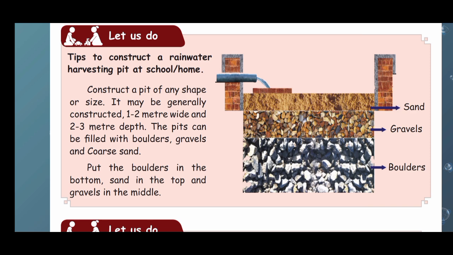So if we prepare rainwater harvesting, the water will be left to the ground, so the water level will be increased. So water in the ponds, lakes will not dry and we will get more water during summer seasons as well. This is to stop the scarcity of water. So everyone has to follow this method at schools, colleges and at homes.